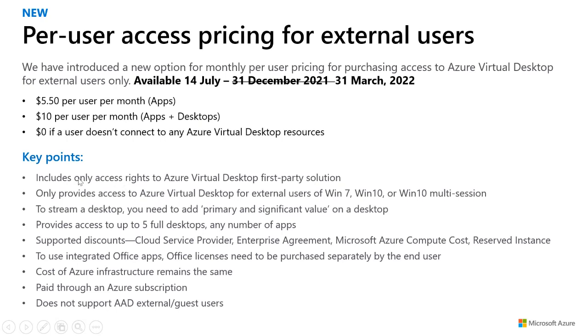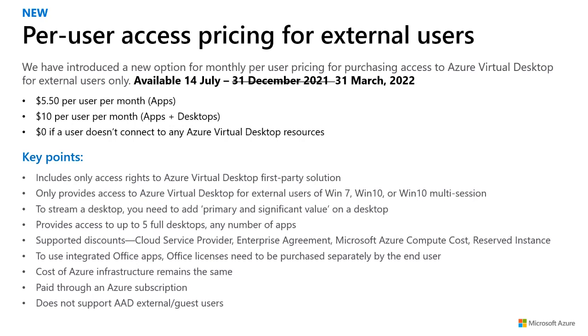The key points of this kind of licensing: it includes only access rights to the Azure Virtual Desktop first party solution, and only provides access to Azure Virtual Desktop for external users when the environment is running on Windows 7, 10, and 10 multi-session. It's not included in Windows Server.